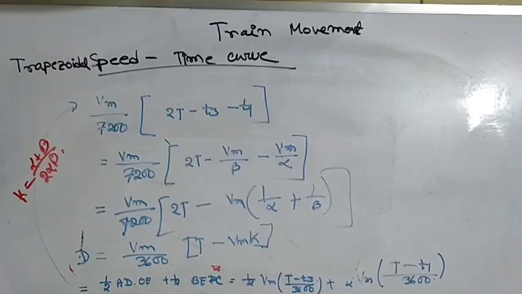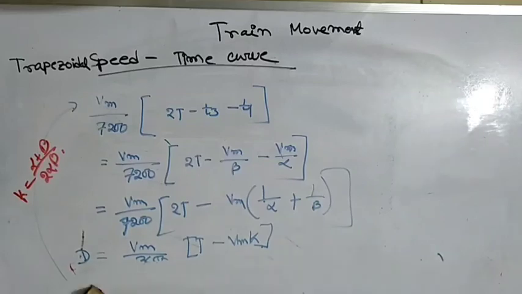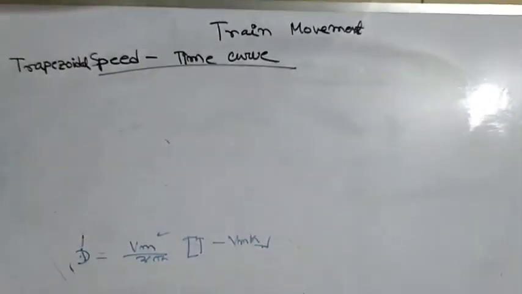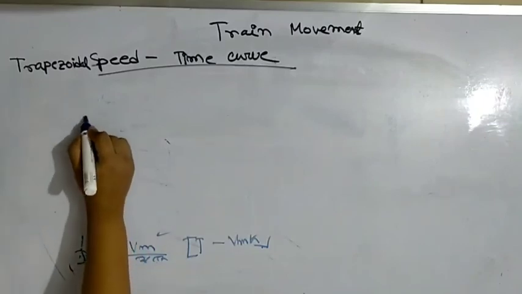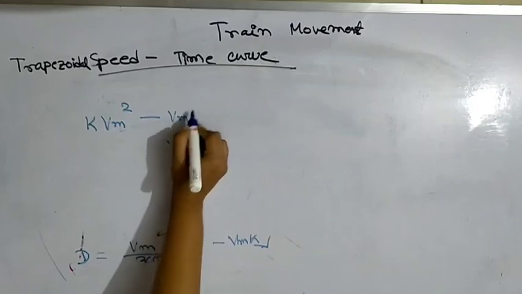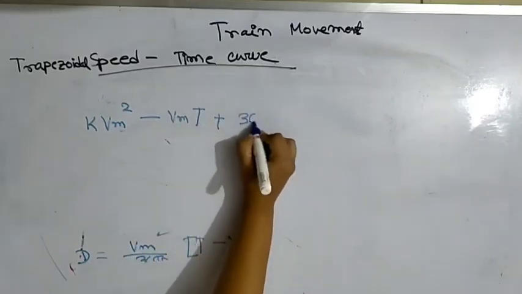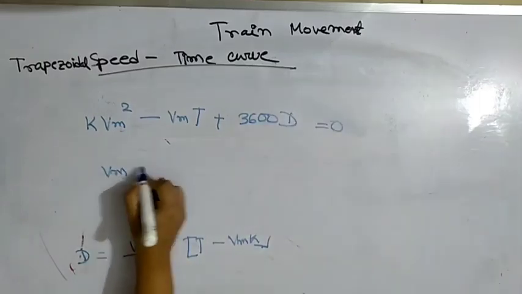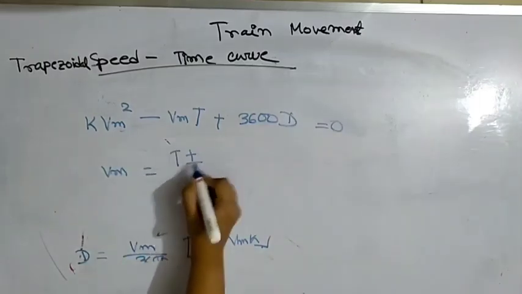Or we can write K Vm square minus Vm T plus 3600 D equals 0, and from this we get the value of Vm.